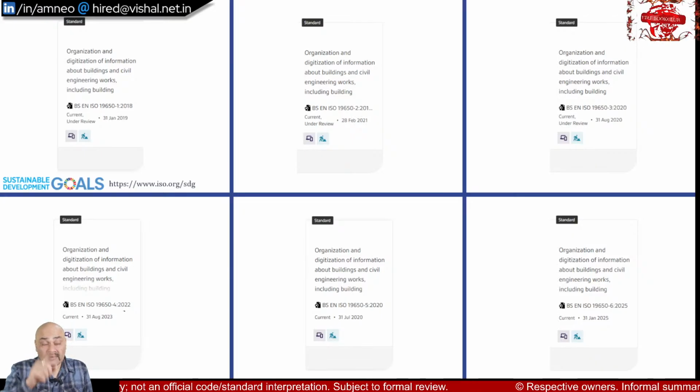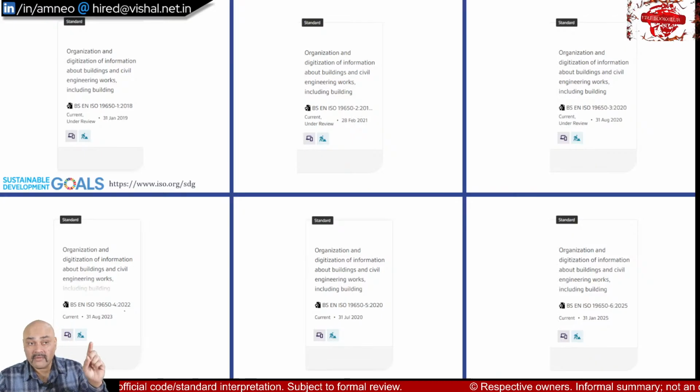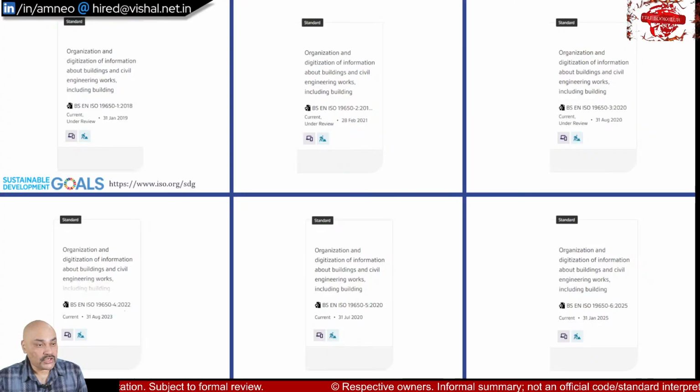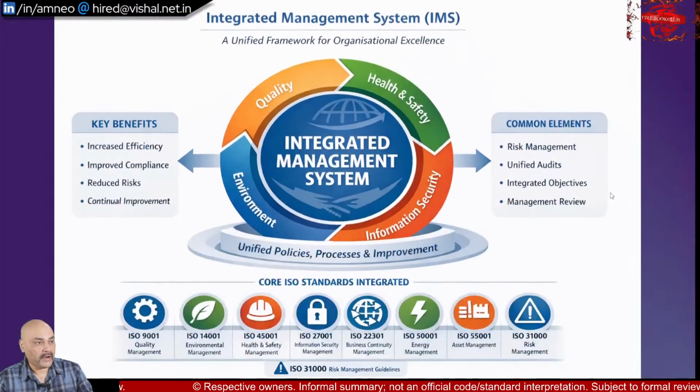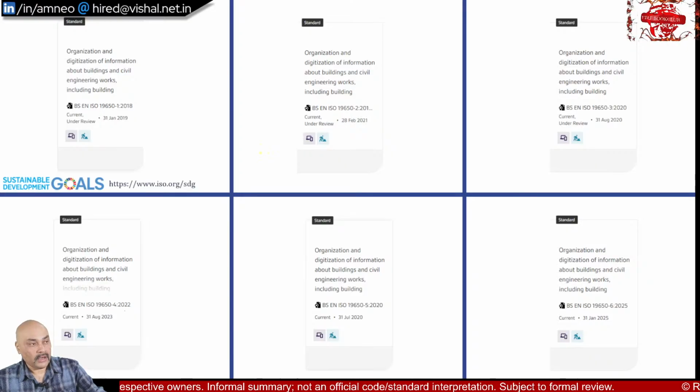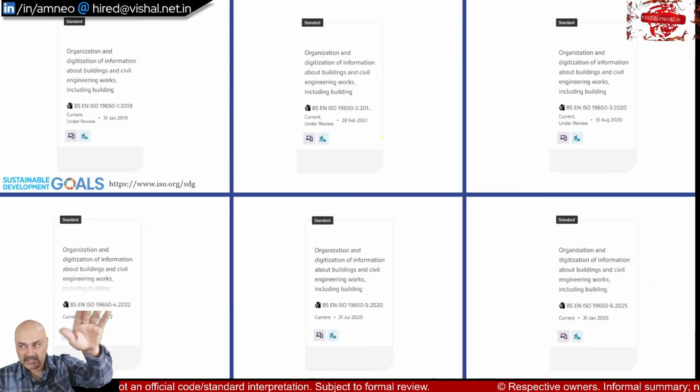Now we need to understand that we're talking about a built environment project. We need to understand that very clearly. Usually, built environment projects have their plan of execution prepared in a waterfall method, which means one thing ends, the second thing starts.